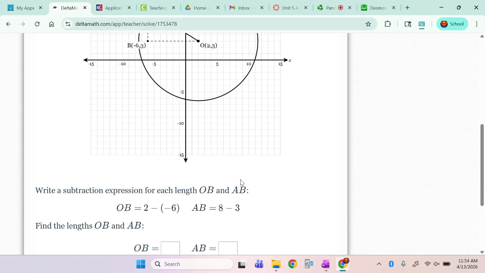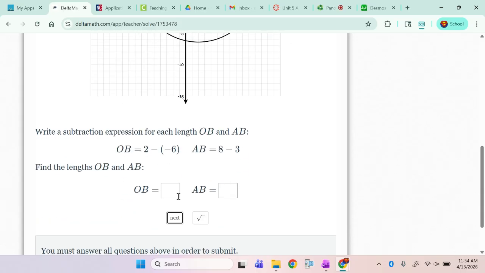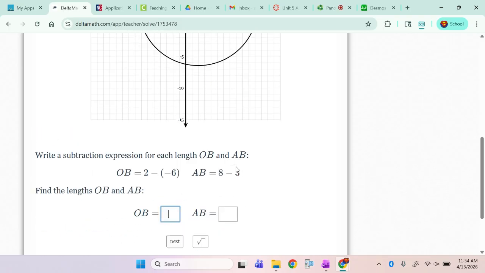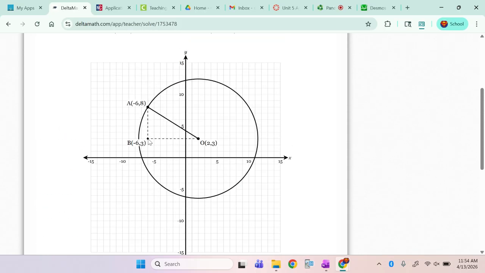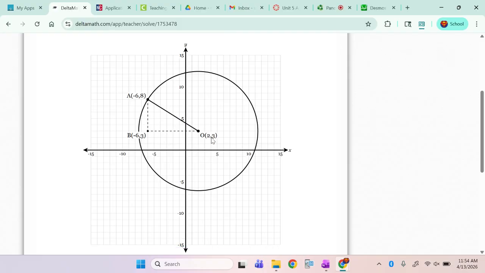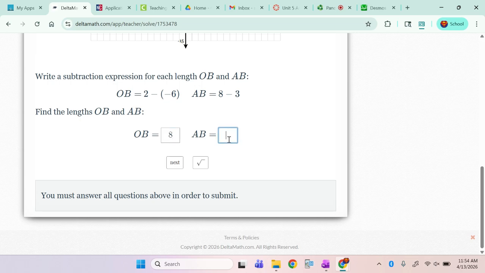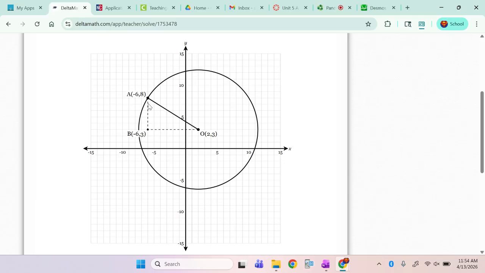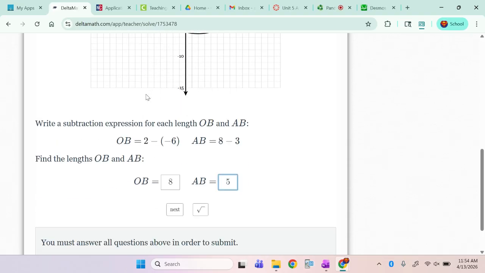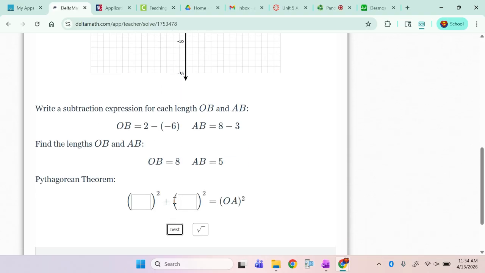That means OB is what in length? 8 units. If you counted from here to here, how many units? Do you have 8 units? Yes, you should. What about AB? 5. If you count right here, you should definitely have 5 units. So we're just finding those distances.